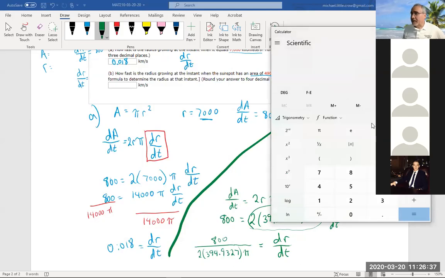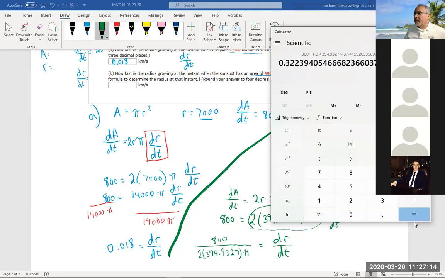So let's clear this out. We're going to take 800 divided by, I'm going to put parentheses just to make sure the order of operations works out, 2 times 394.9327 times pi, close the parentheses, it equals, interesting, it's actually growing faster.